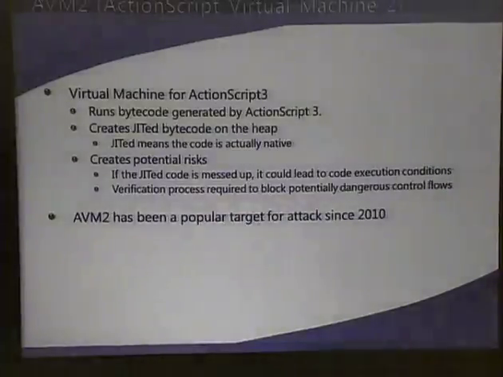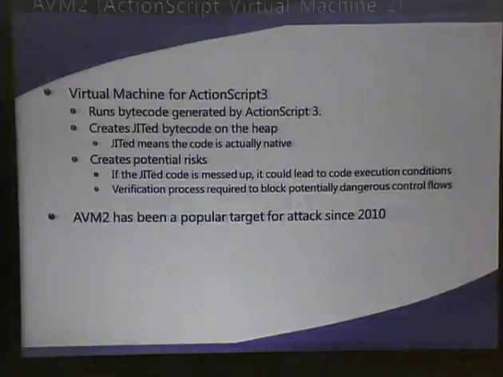So what is AVM2? There are multiple versions of ActionScript, and the latest one is ActionScript 3, and AVM2 is the virtual machine that runs ActionScript 3 bytecode. The previous virtual machine used an interpreter model, so every time the bytecode is run, it interprets every instruction every time. So it was kind of slow, and they improved that using JIT.